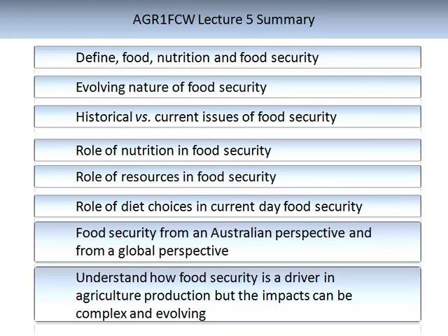Understand the role of nutrition in food security. Understand the role of resources and how they feed into the food security debate. Understand the role of diet choices in current-day food security. You should be able to describe food security from an Australian perspective and also from a global perspective.